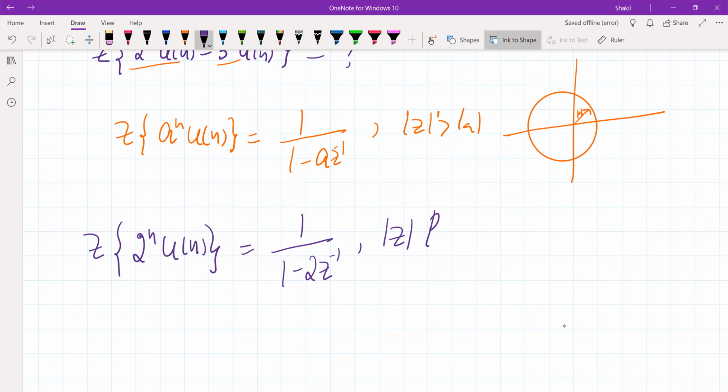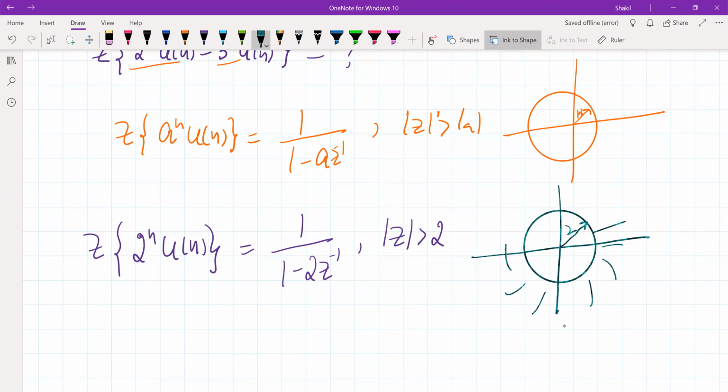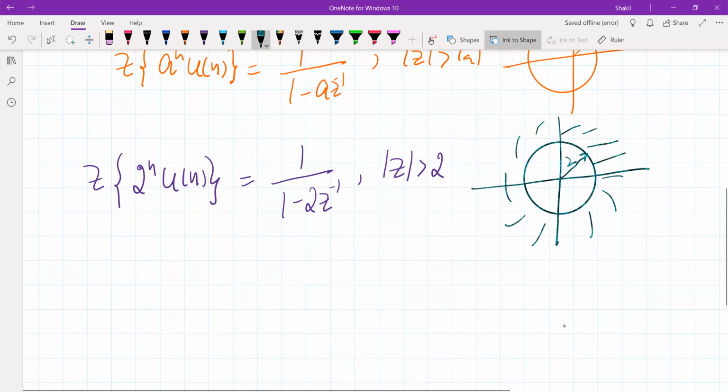It means we need to write the positive value. I can say simply this is greater than 2, means the region of convergence is outside the circle of radius 2. So this is the Z transform of this.